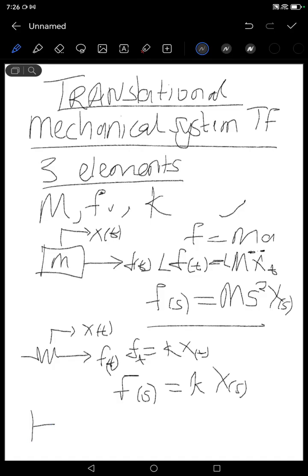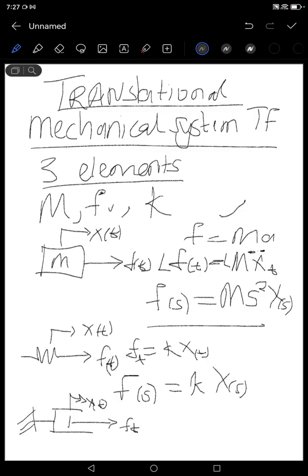Let's say we have a damper like this, and on this damper we have the force acting this way, and a distance this way, x of t. Remember, the damper represents the friction between two surfaces.